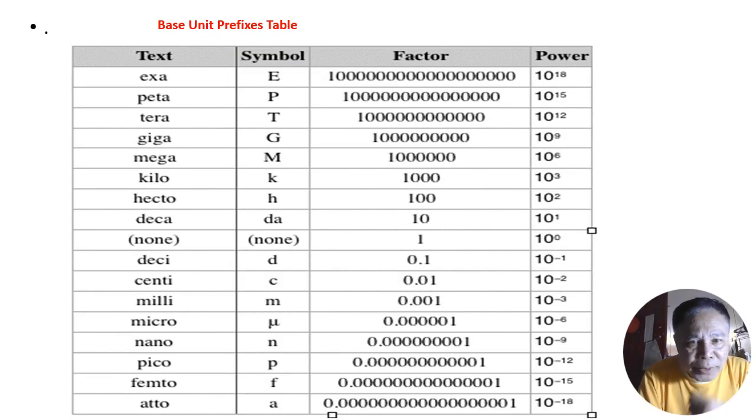The next thing would be the use of prefix or prefixes on the base unit. For example, meter. If you have the prefix centi, that becomes centimeter, but centi would mean 0.01 or 10 to the minus 2 based on the table on unit prefixes.